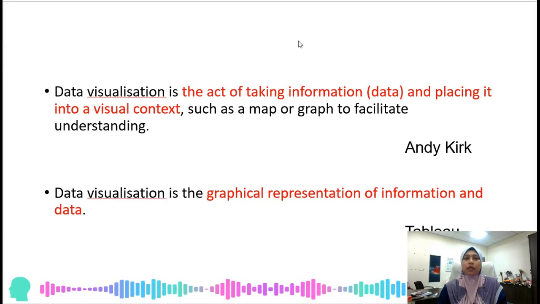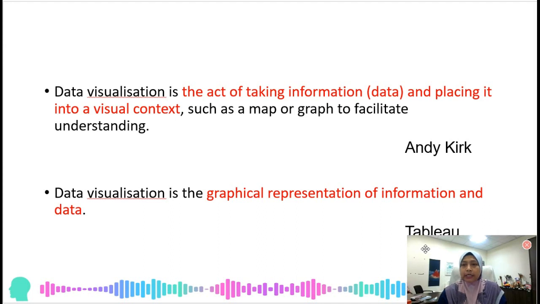Let's take a look. What is data visualization? Here I have a few descriptions of data visualization. Let's take a look at the one by Andy Kirk. Andy Kirk is the writer of a book that we'll be using throughout this class. I have his book here.